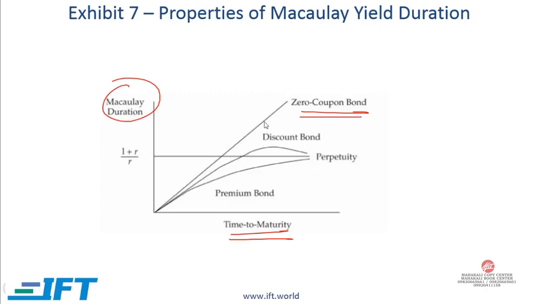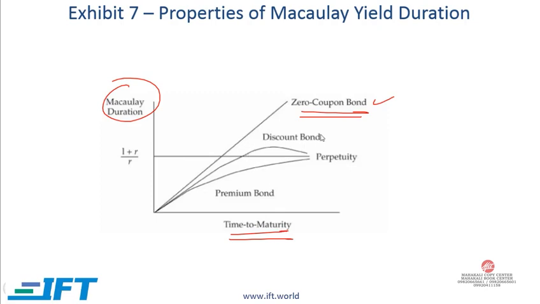The maturity time of the bond is equal to the Macaulay duration for a 0 coupon bond. In general, you see that the higher the maturity, the higher the duration, and that makes sense because higher maturity would imply greater interest rate sensitivity.